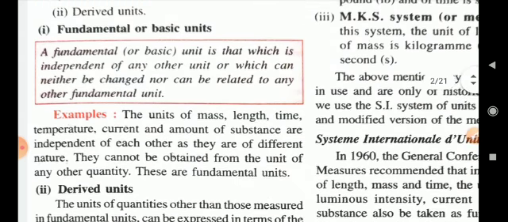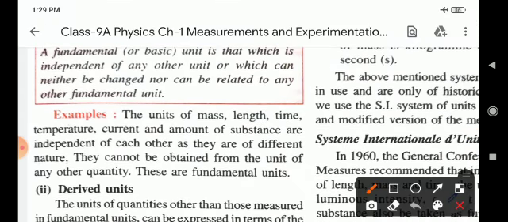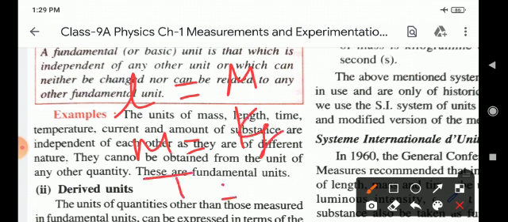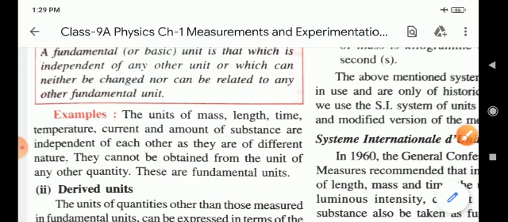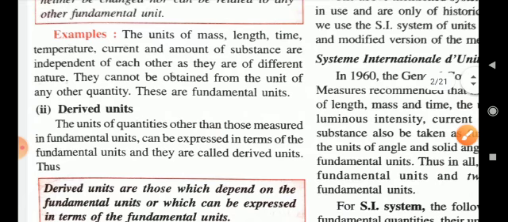That is meter. Mass unit is kilogram. Time unit is second. Right? It is the fundamental unit. Length, breadth, height, mass and time. Right?